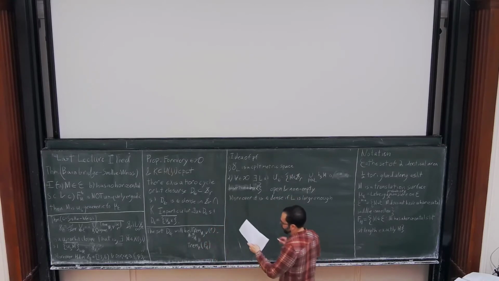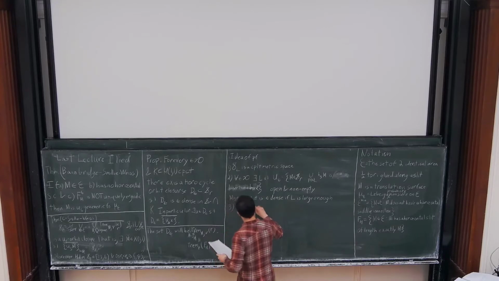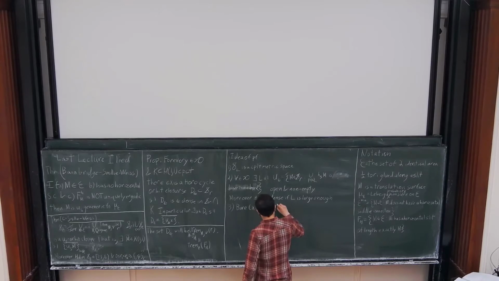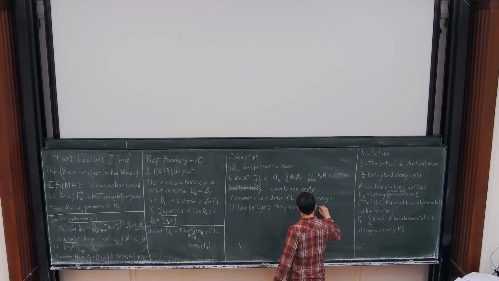All right, and then 3, Baire category theorem gives us the existence of M tilde.